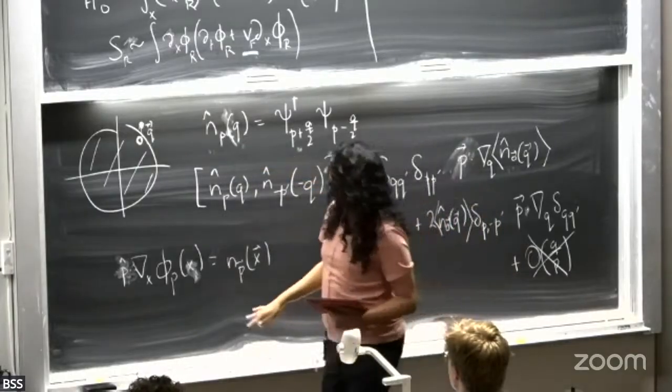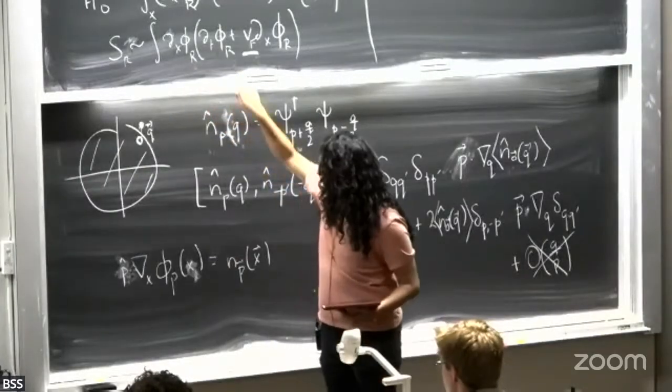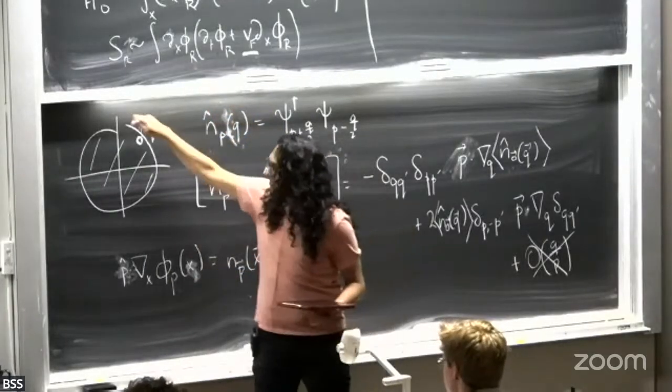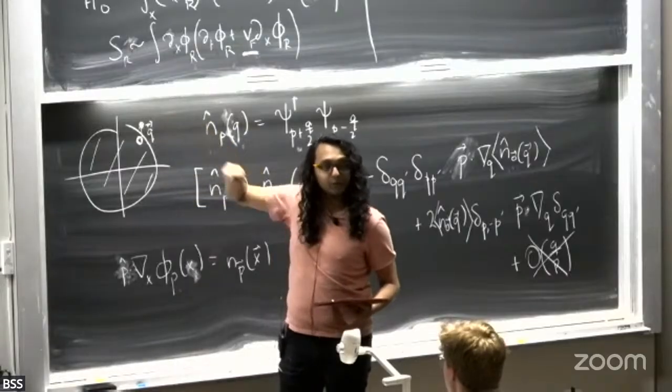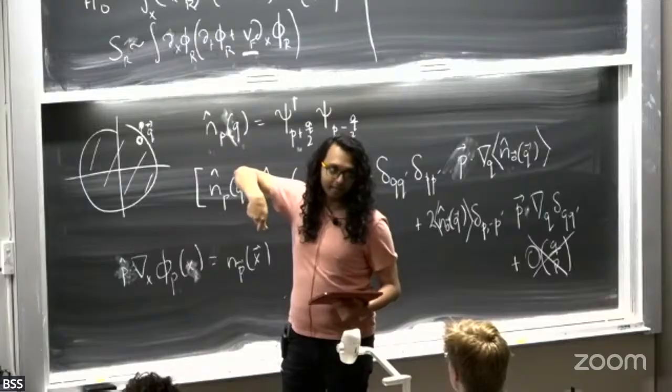Right? And you write down an action which looks like this, except instead of this R index, you now have an index that labels every single point on the Fermi surface. So you have a chiral boson at every point on the Fermi surface, and you integrate over that.